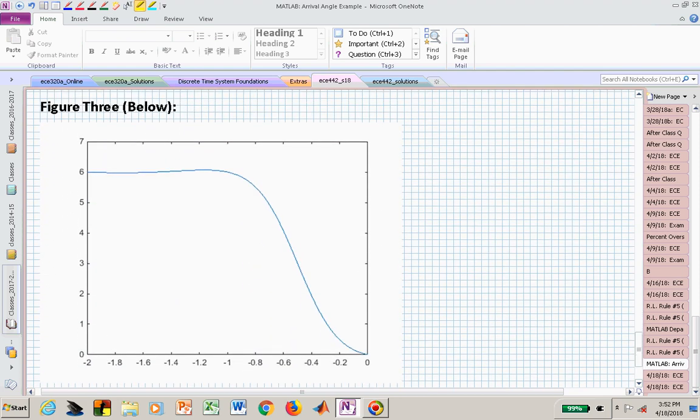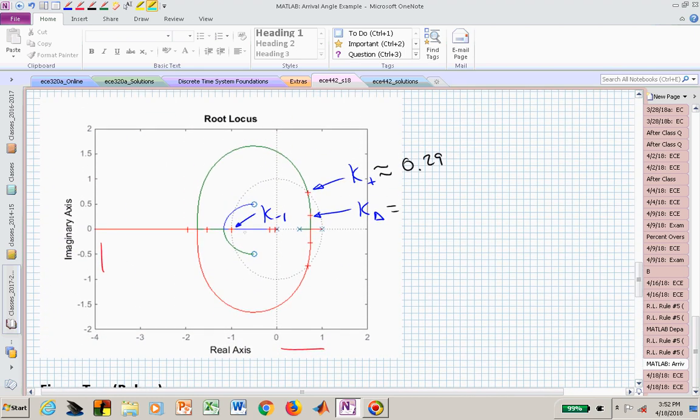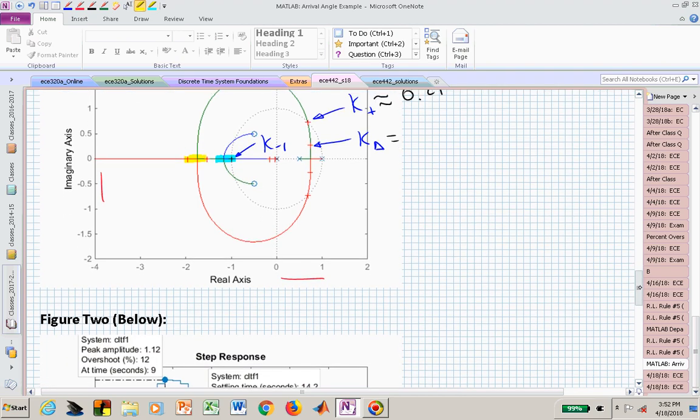And now you can see that around minus 1.8 is a relative minimum, and a relative maximum is around there. And that should be consistent with where here's a relative max and here is a relative min for the value of k in that particular root locus.